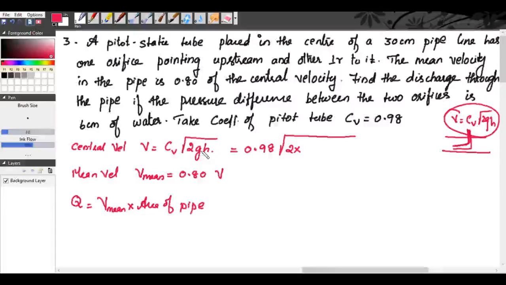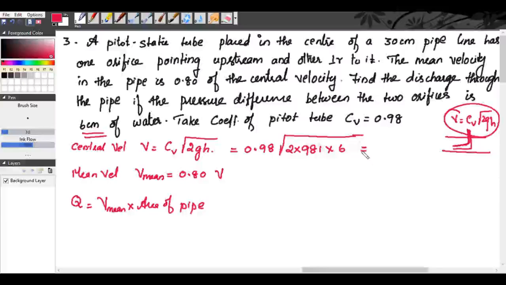So, 0.98, 2 into g, we will take it as meter, 9.81 into h, given as 6 centimeters of water. That means it is 0.06 meter of water. Or you can write this in terms of centimeters, 981 into 6.